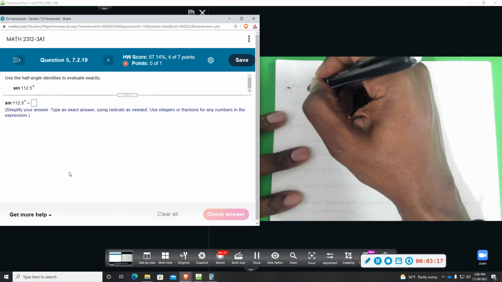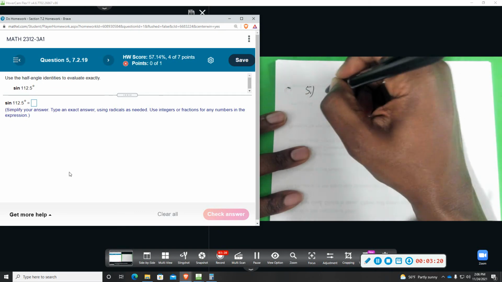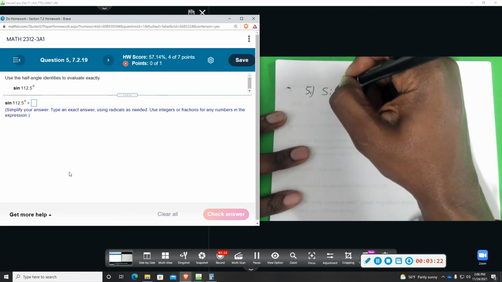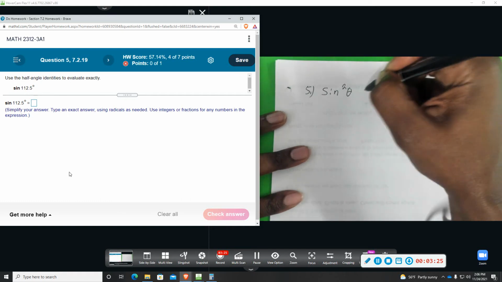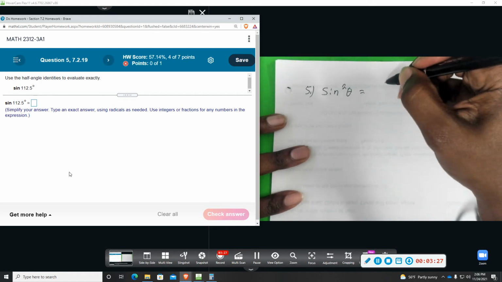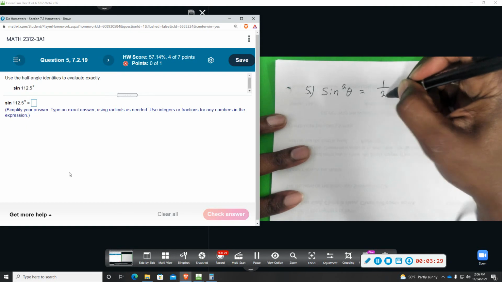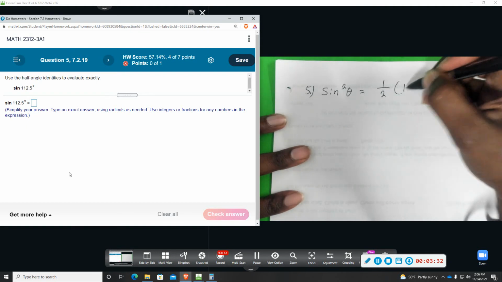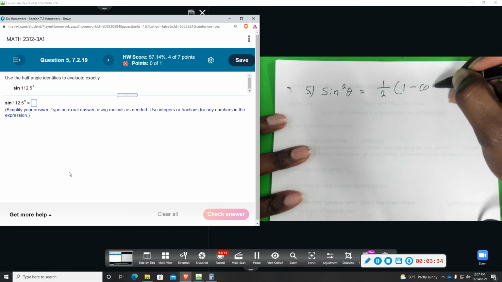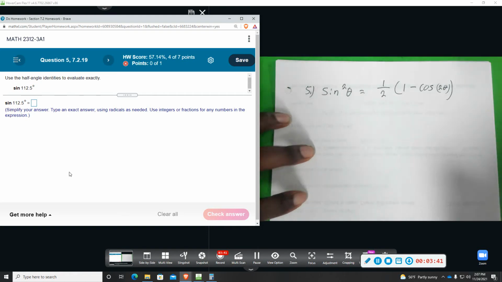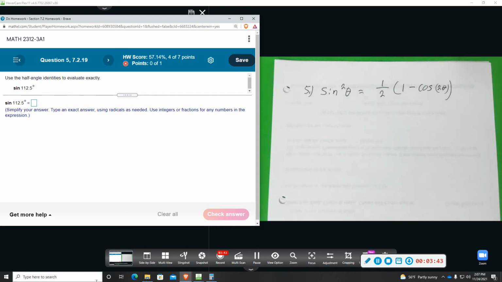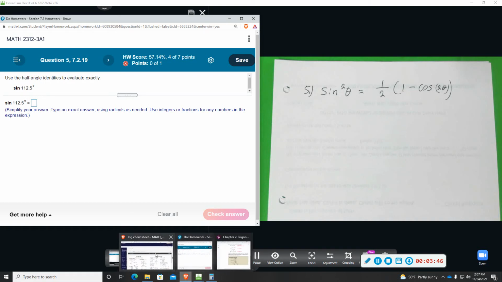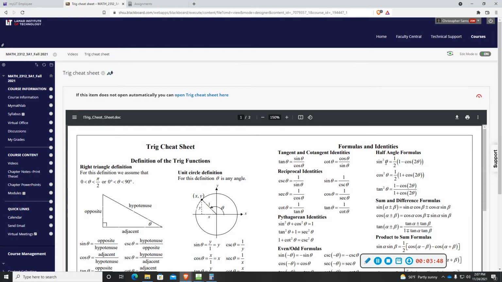For sine, it was sine squared theta equals 1/2 times 1 minus cosine 2 theta. Let me double check that to make sure I got that written down correctly. 1/2 times 1 minus cosine 2 theta. Okay, great.